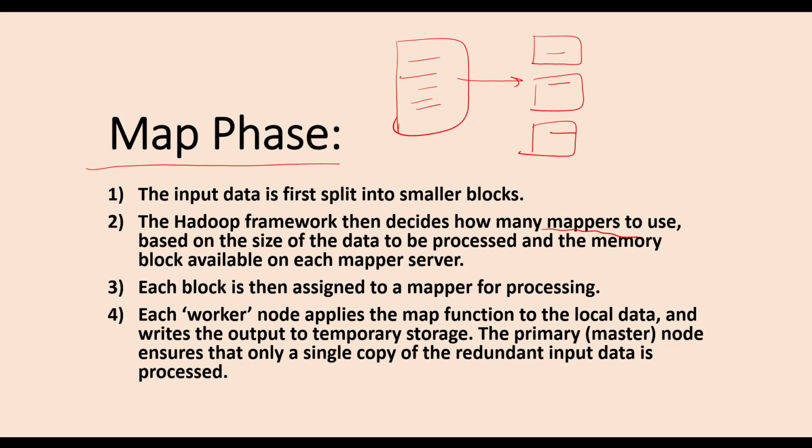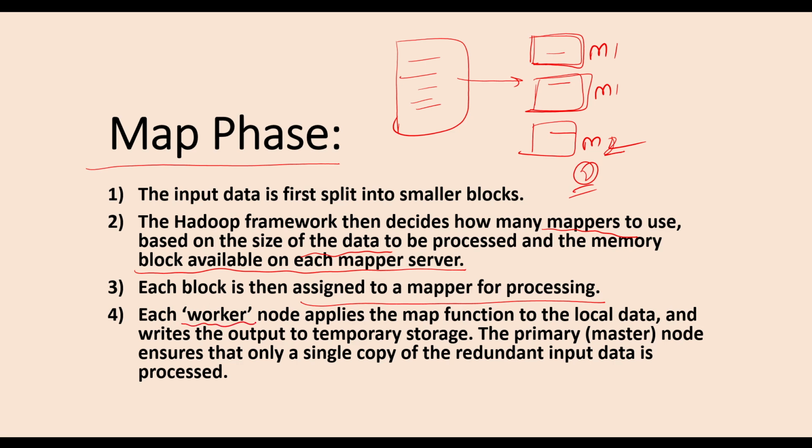How many mappers run is defined by the Hadoop framework based upon the size of the data and the memory block available on each mapper side. Each block is then assigned to a mapper for processing. Suppose this block corresponds to mapper 1 and this block to mapper 2, so typically two mappers are there in the map phase.